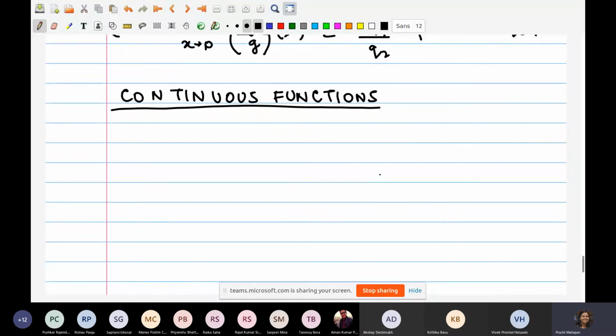So let me discuss it in a little more generality. Definition.